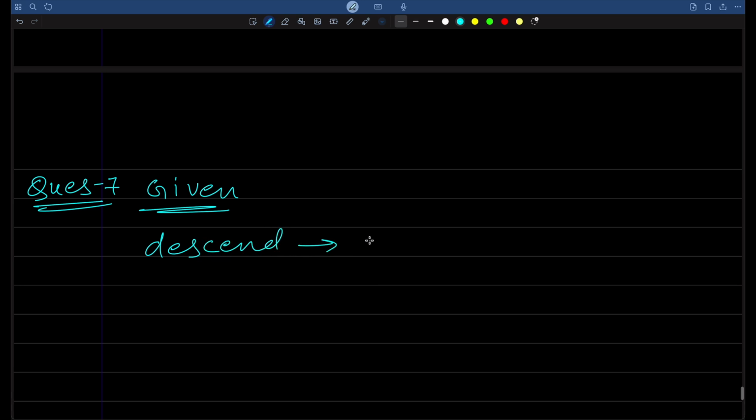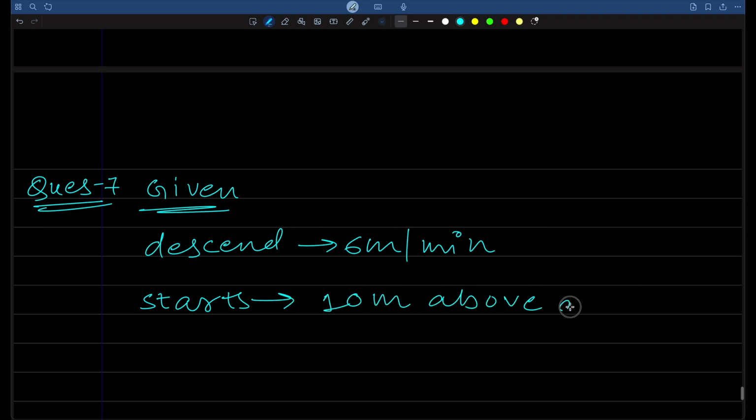If the descent starts from 10 meter above the ground, how long will it take to reach minus 350 meter?